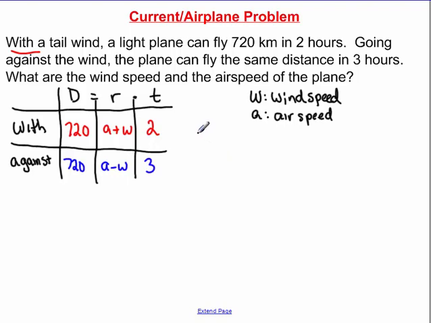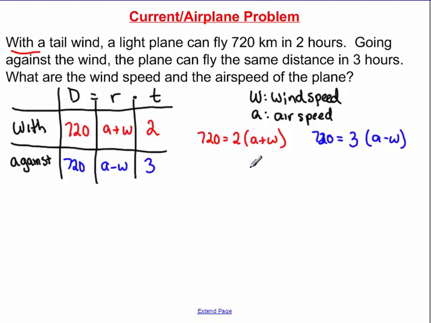So our distance equals rate times time. Distance, 720, equals our rate, which is A minus W, times time. Now I wrote that a certain way, because there's a trick to solving these.